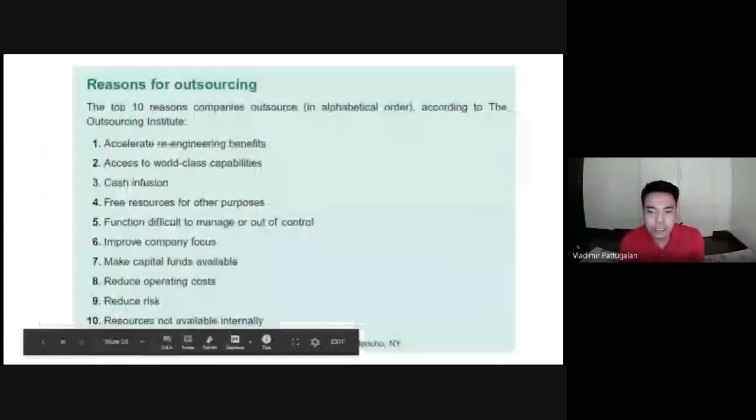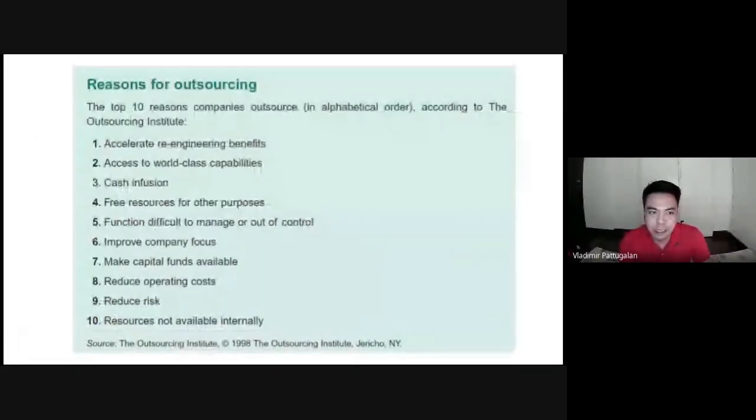So why do companies outsource? So the Outsourcing Institute mentioned the top 10 reasons, which are accelerated engineering benefits, access to world-class capabilities, cash infusion, and so forth.